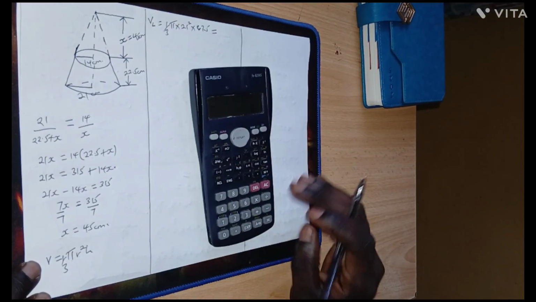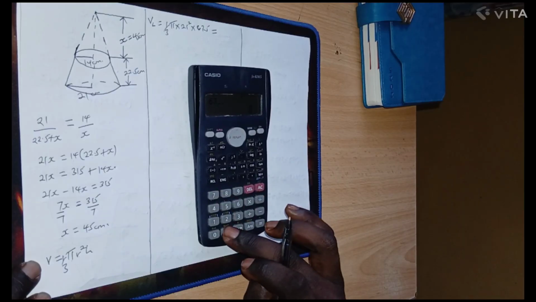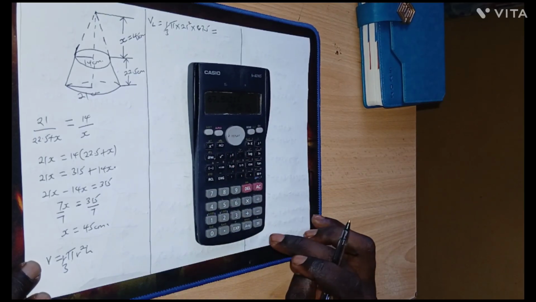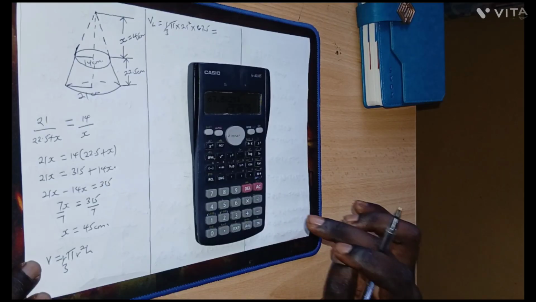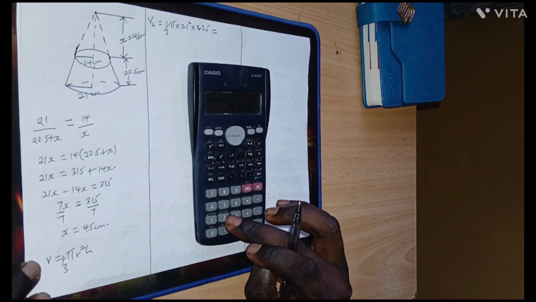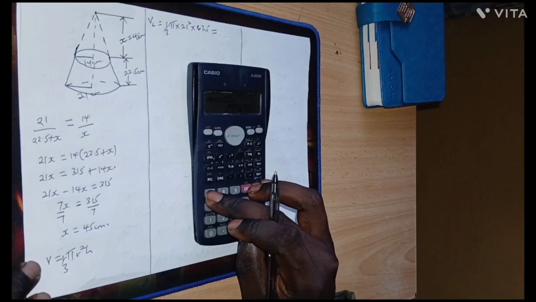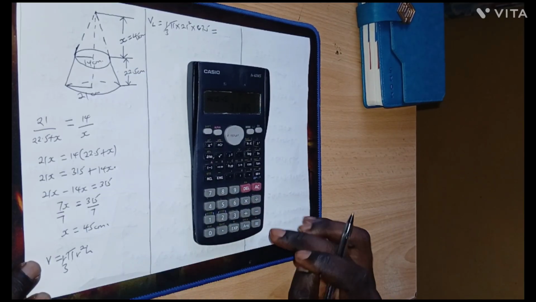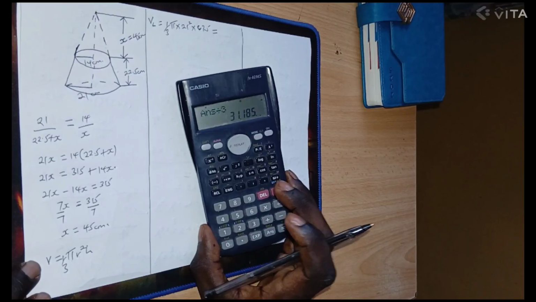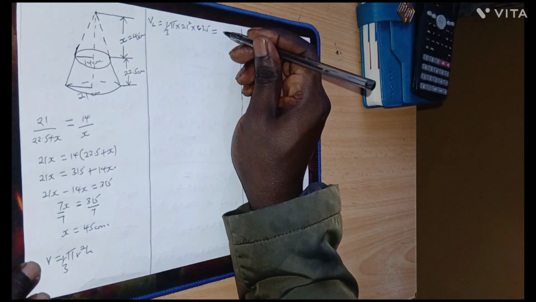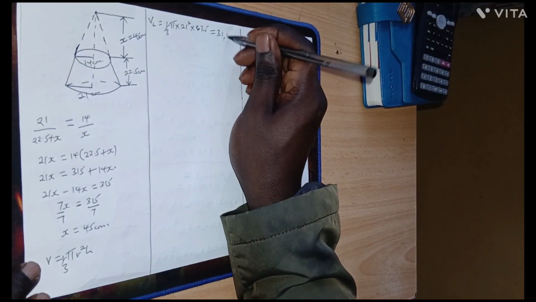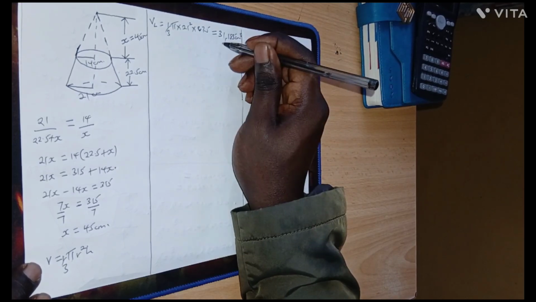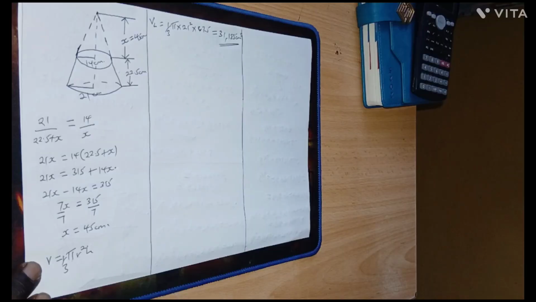It's going to be 67.5 multiplied by 21 squared, multiplied by 22 over 7, then divided by 3. That gives us 31,185 centimeters cubed. That's the volume of the large cone, okay.